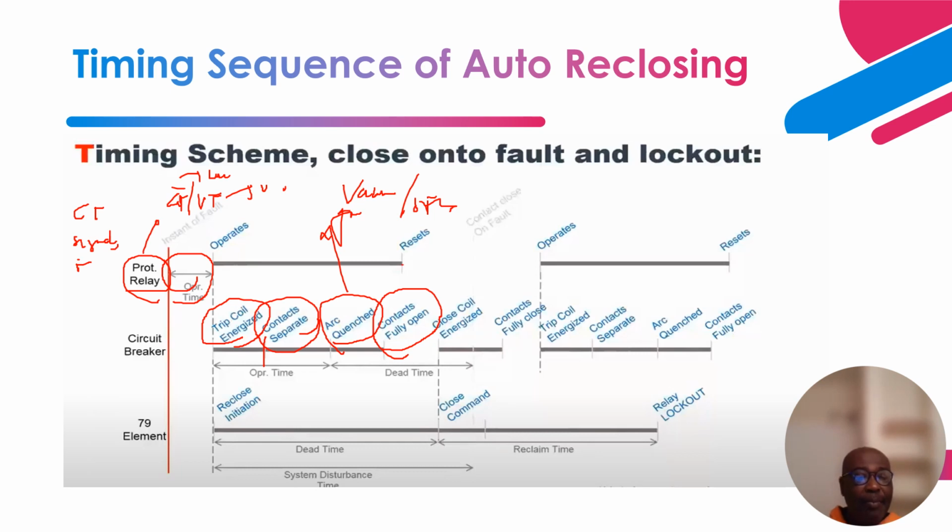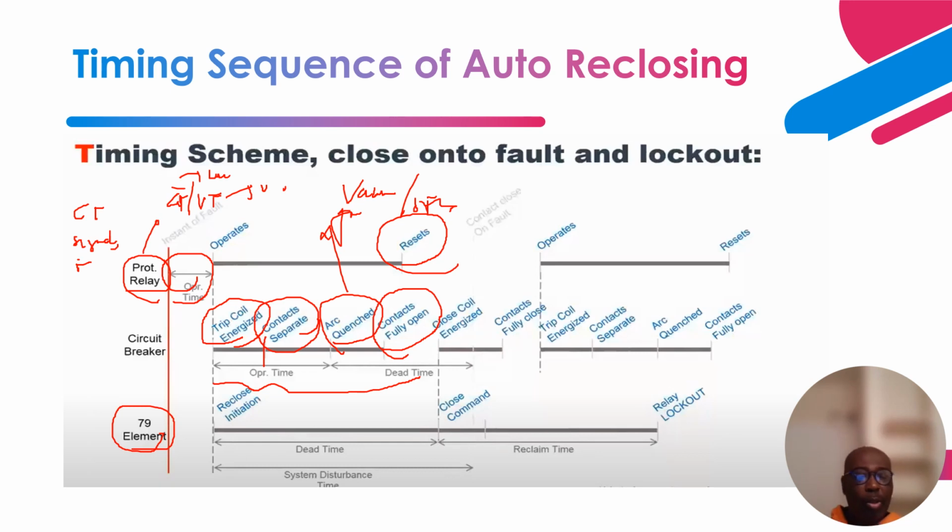At that time, the protector relay resets because it has basically completed its job and the breaker has fully opened. So that is the first opening action from the breaker, right?